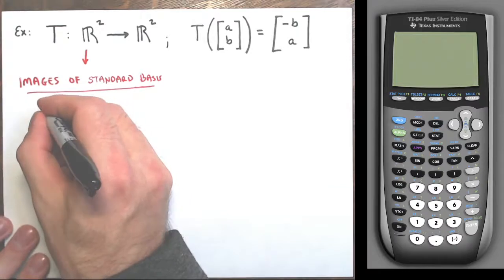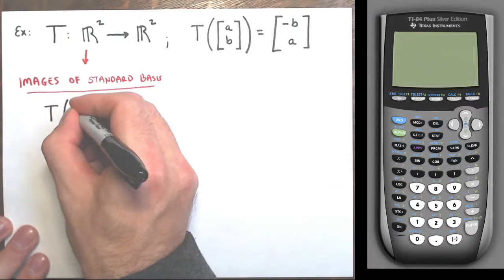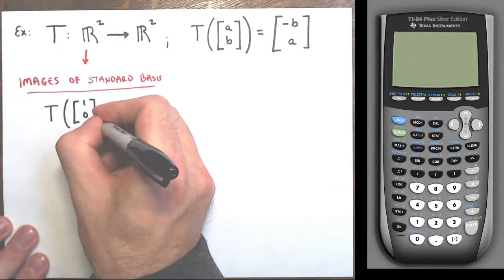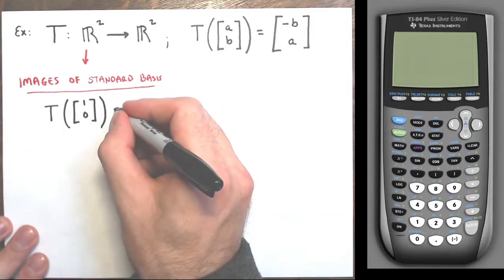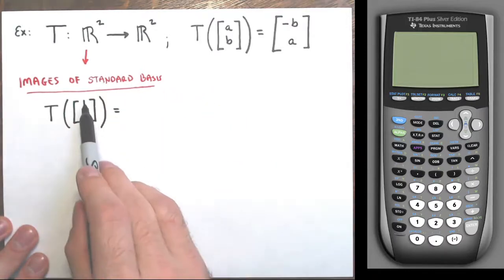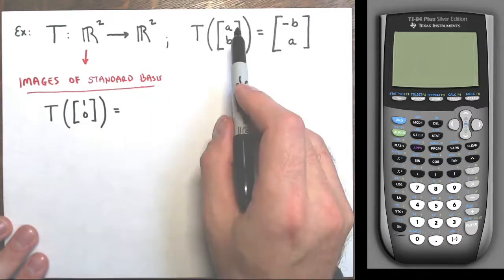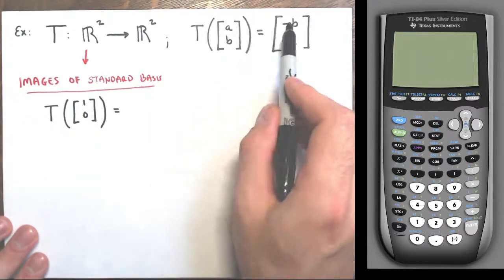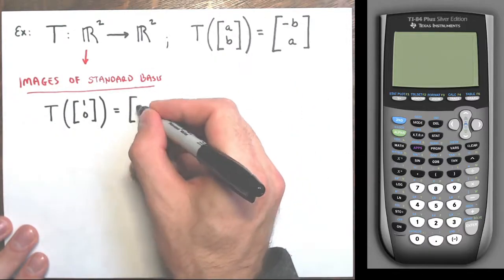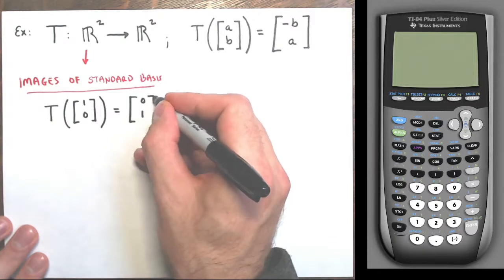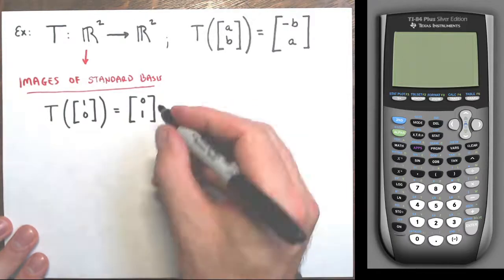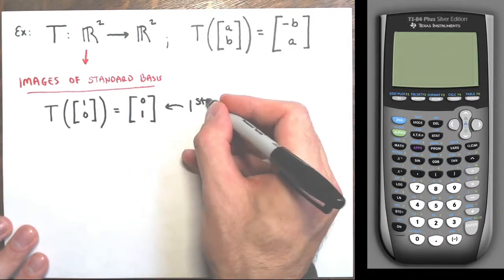All right. So what's the value of T at (1, 0)? This is equal to, well, again, I'm replacing A with 1 and B with 0. So the first component 0, second component 1. So that's going to be the first column of the standard matrix.